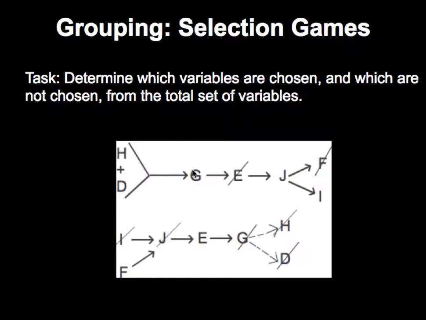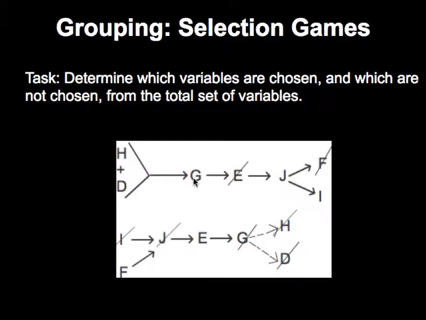On the contrary, we have a negative variable E followed by a positive variable J. So if E is out, then J must be in. Contrapositive, if J is out, then E must be in. So the J-E relationship establishes at least one variable in, and the G-E relationship establishes at least one of G and E must be out.